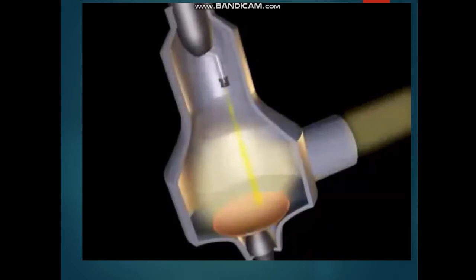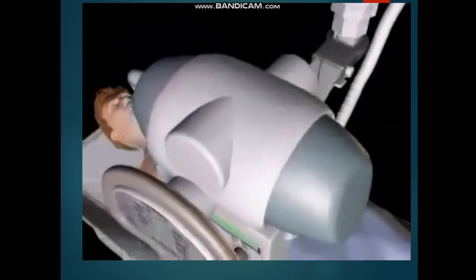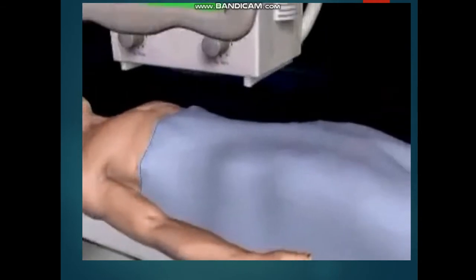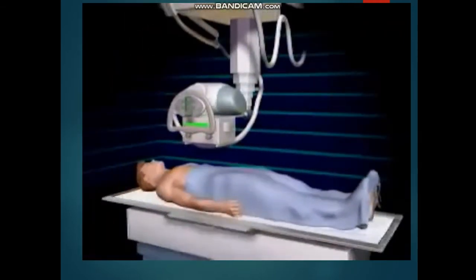And the produced X-rays are directed to the investigated area, and depending on the structure and density of the investigated area, we can see the image as dark and white points.